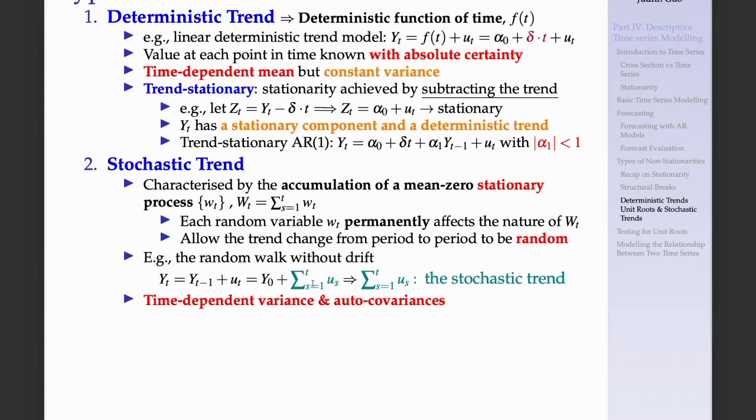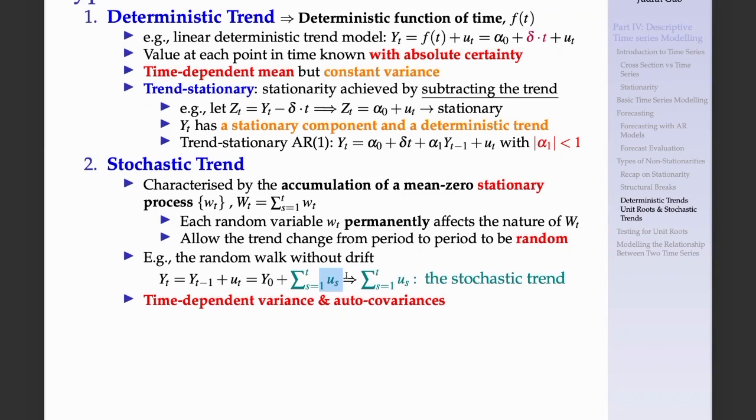It's the sum of shock terms that is the stochastic trend here. Remember, the shocks, the u, are stationary. They're white noise. The white noise process is mean zero, so the lowercase u's are a mean zero stationary process. And therefore, the accumulation of a mean zero stationary process is the stochastic trend.